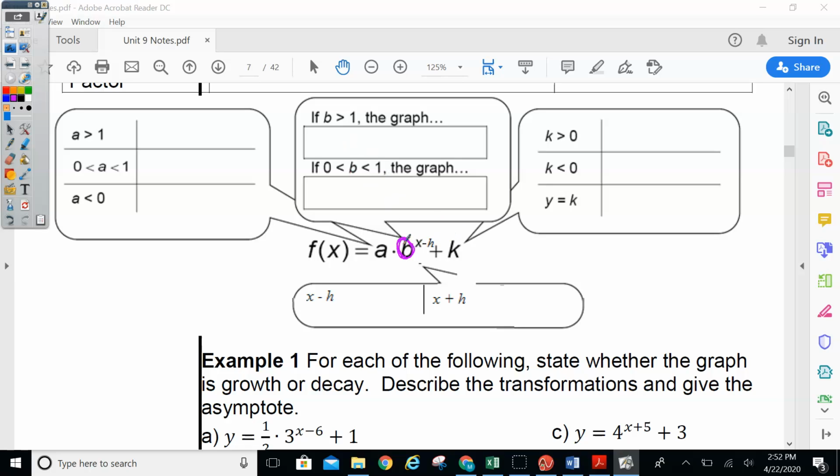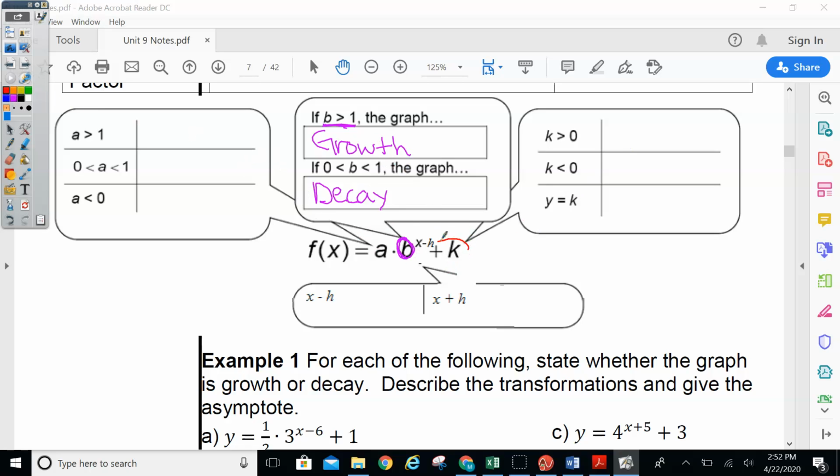If that number is greater than 1, it's growth. The graph is an exponential growth function. If it's a fraction between 0 and 1, then it's decay. That number cannot be negative. So never will this thing be negative for exponential functions. If it's negative, it's a different kind of graph. Okay, that's the only new one. These are all the same.